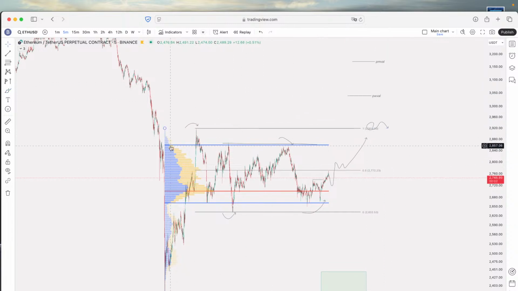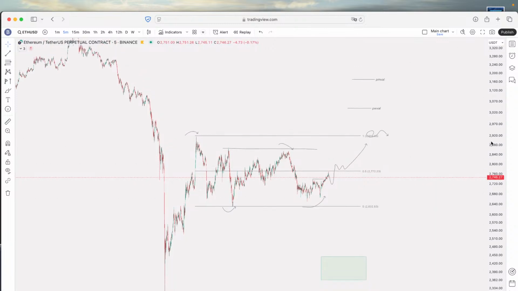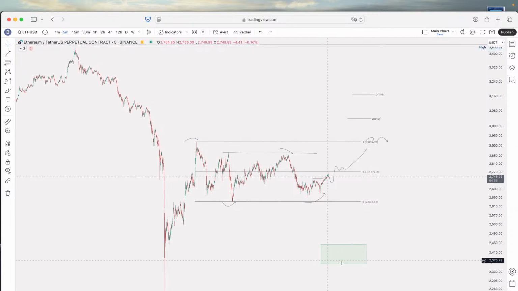This is our local range high. But if we drop below this level, I expect Ethereum to test this level marked by me. This is somewhere between 2400 and 2350.